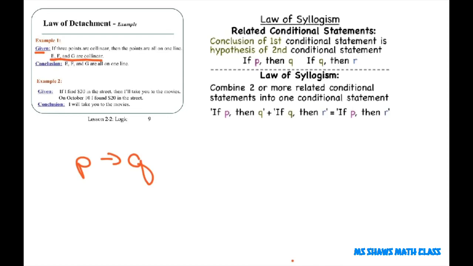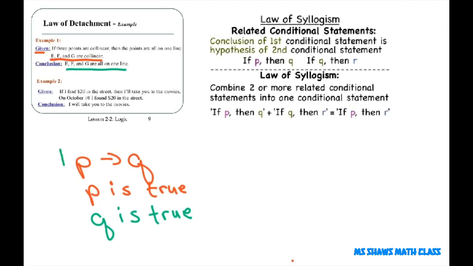So that means P is true. That means it follows that Q is true. So that's how law of detachment works. So they say that P is true, so that means Q is true.